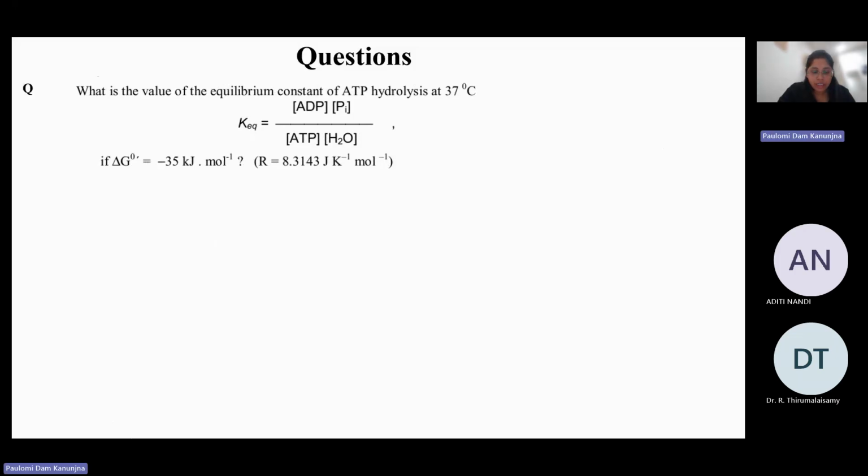You have one entire value given, and you need to find out the Keq value for me. Your delta G is given. You know R. You also know the T here, and you need to give me the Keq value. Substitute the values in the equation. You will see what exactly you are trying to do. Solve the equation and let me know the answer.